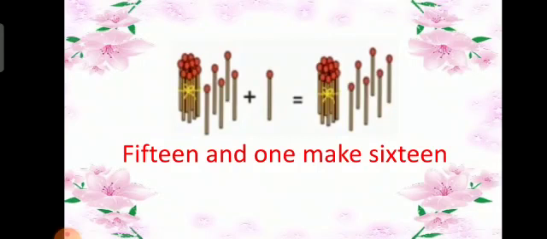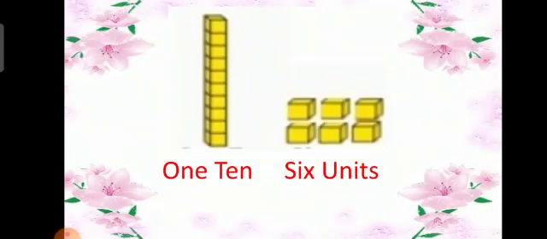Now here 15 matchsticks are there. With the 15 matchsticks we add one matchstick, so it becomes 16. 15 and 1 make 16. In 16 we have 1 ten and 6 units. 1 ten plus 6 units is equal to 16.